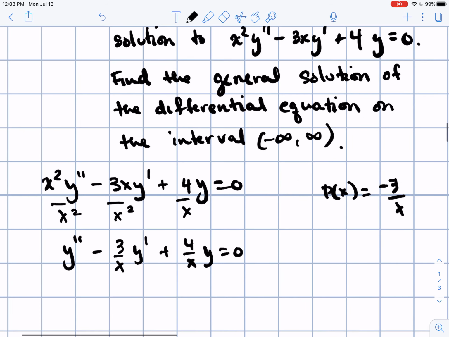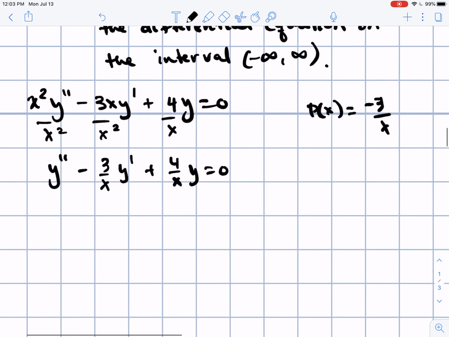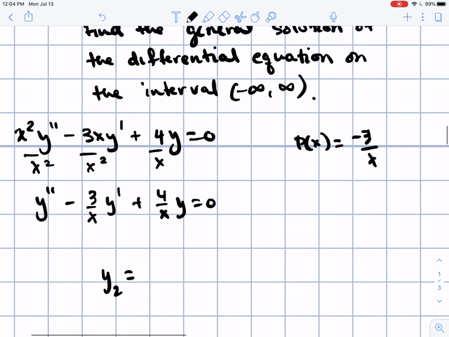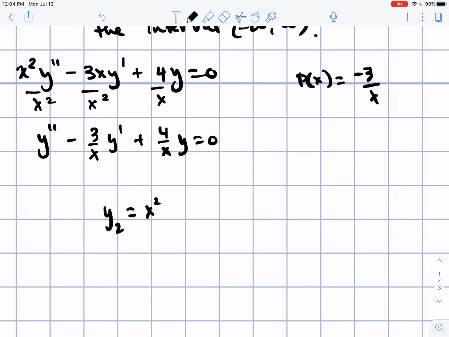All right, and now we can use that formula that we have. y2 is equal to, so you start with y1, which in our case was x squared, times the integral of e raised to the negative p of x divided by y1 squared.